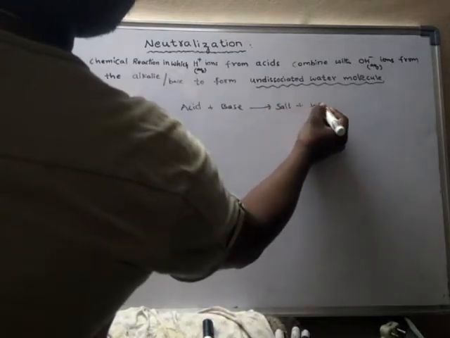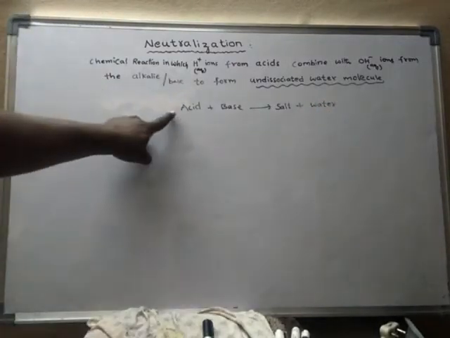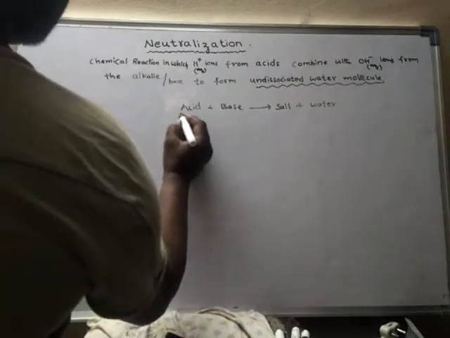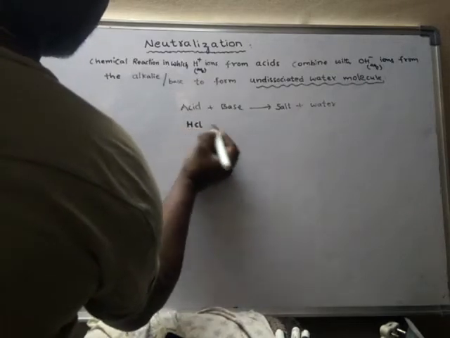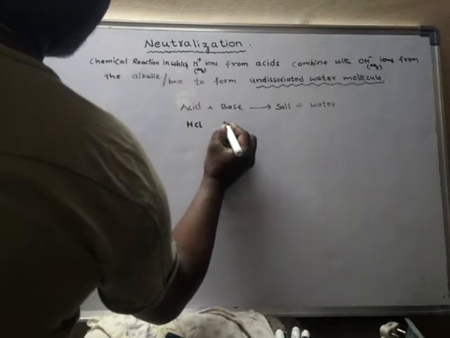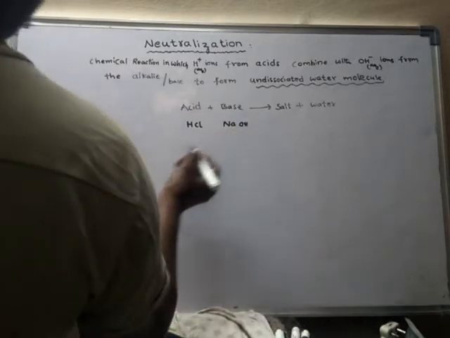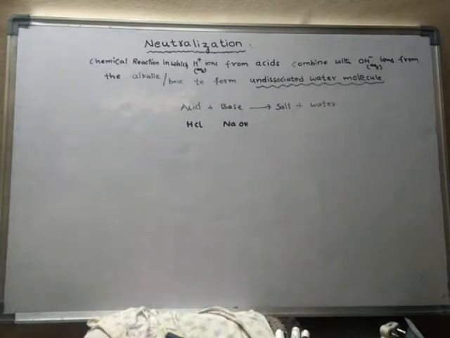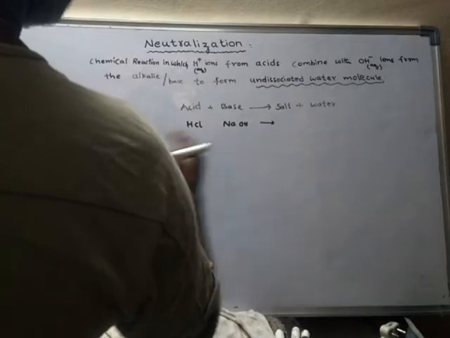Salt and water. Generally, the neutralization reaction is represented like this. Actually, what happens? From acid take the example HCl, hydrochloric acid. From base take NaOH, sodium hydroxide. Both of them will react.